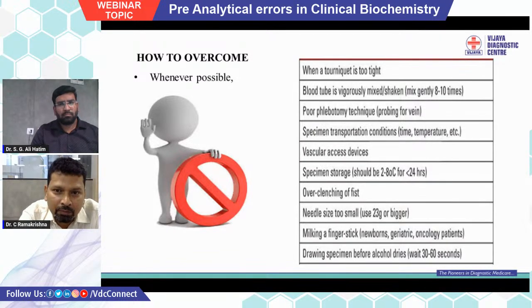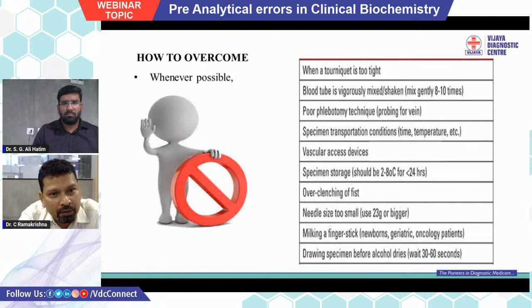So, most of them, 40 to 60%, will occur due to improper sample collection. So, it's all the simple things like when the tourniquet is tied, make sure it is not tied very tightly. The tightness should be average, and the needle should not be too small.